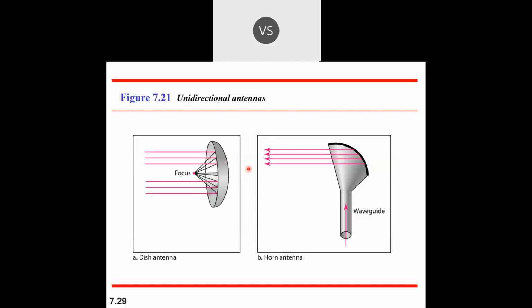Whatever dish TV or set-top box you have at your home, the antenna associated with it is a dish antenna. This antenna is already at all our homes, on top of our roof, and it is focused unidirectionally only.